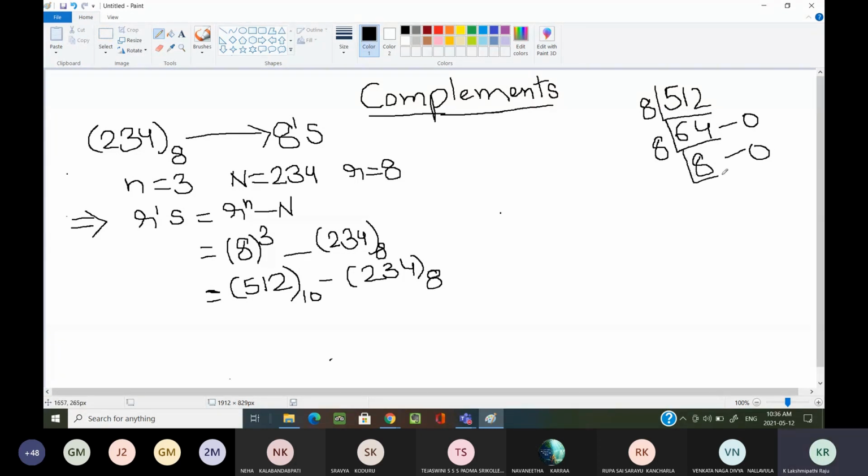What is left? 8. 1 time 0. Okay, now what we got here is 1 0 0 0 of base 8. Minus 234 of base 8.